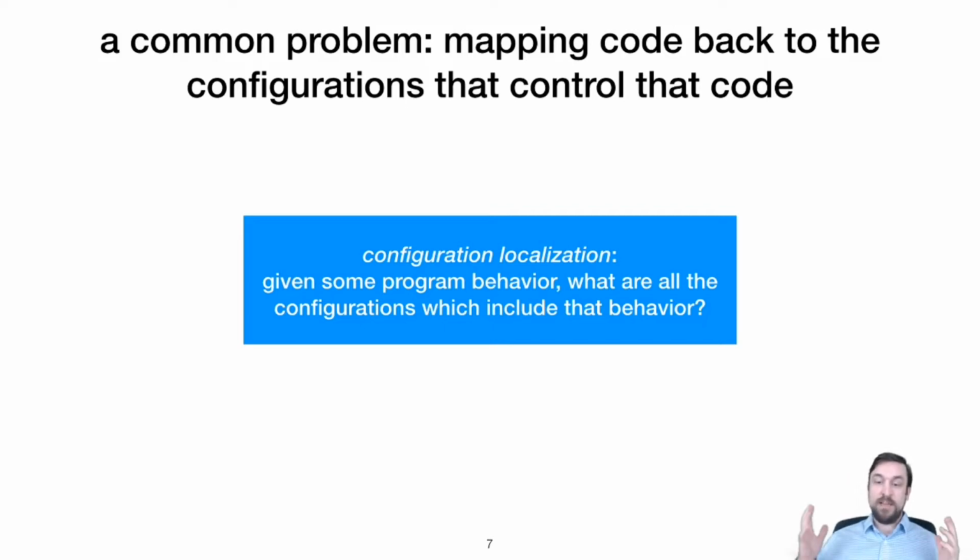And so I'm in academia, so we've got to have a nice long multi-syllable name for this. So I call this problem the configuration localization problem, and that's 10 syllables. I've got half a paper written with just using that term.